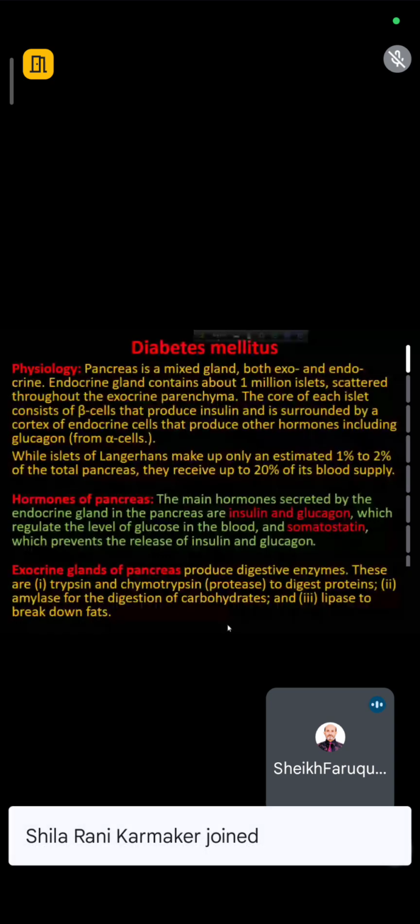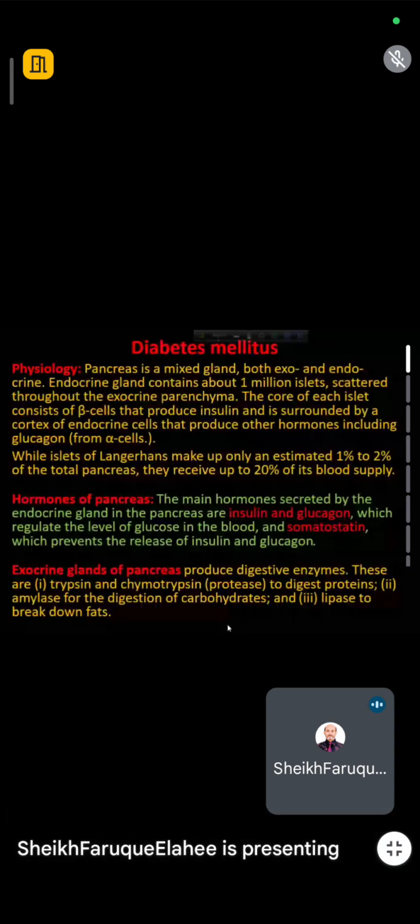But if there is deficiency of insulin, then there is no insulin or less insulin, then what will happen? There is production of glucose, but there is no utilization of glucose. So excess glucose remains in the blood. And glucose level in the blood rises. So this one produces diabetes.